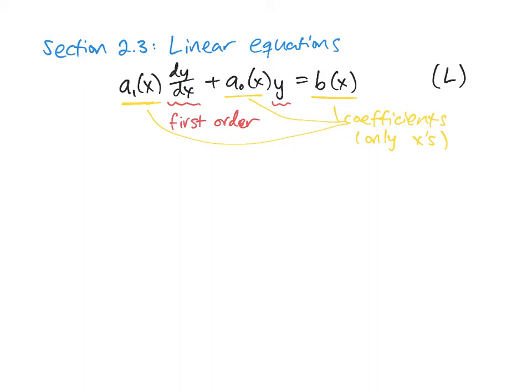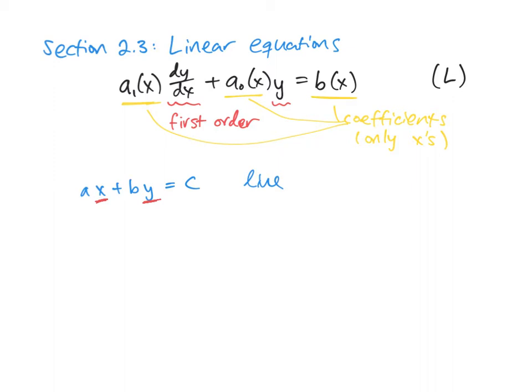And this is linear if you think back to first year algebra in high school. Linear equations look like y equals mx plus b, but another way you could write it would be ax plus by equals c, where you had constants. So this is a line. And your variables here were x and y. So that's similar to the variables that we have in our differential equation, which were y and dy dx.